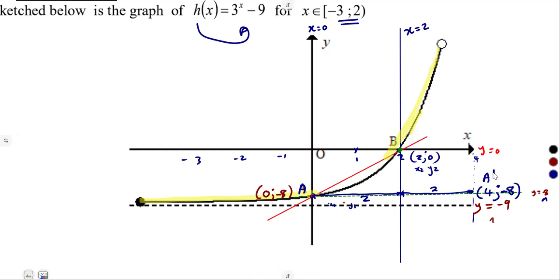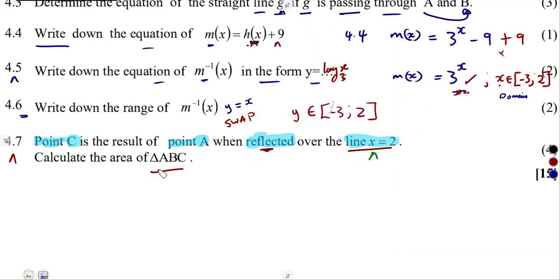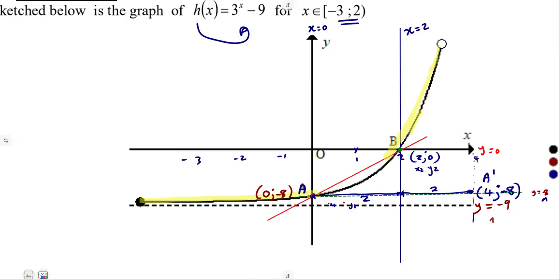So the question here is that we must determine the area of the triangle formed, ABC. Oh, sorry, it is reflected to C, not A bar. So find now the area of triangle ABC. As we can see, from A to B to C, a triangle is going to be formed.